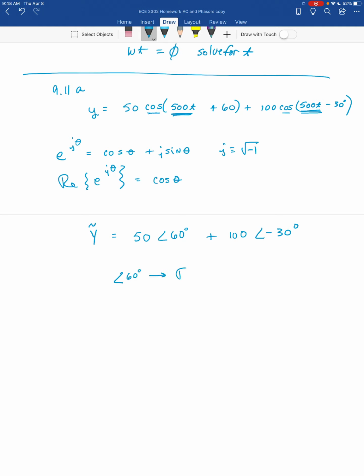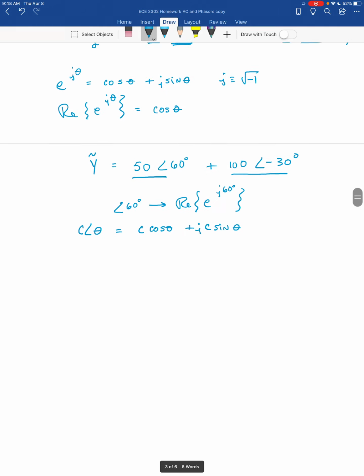This angle of 60 is shorthand notation for the real part of e to the j 60 degrees, so it's just a shorthand, writing it in phasor or angle form. Also, remember that a complex number, c angle theta, can be written as c cosine theta plus j c sine theta.